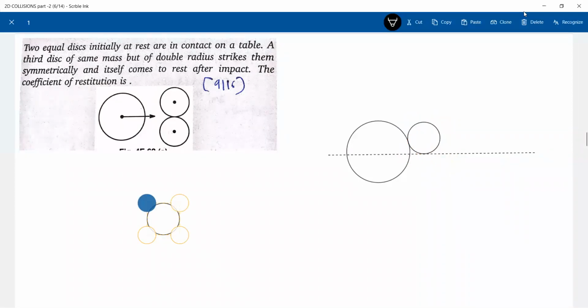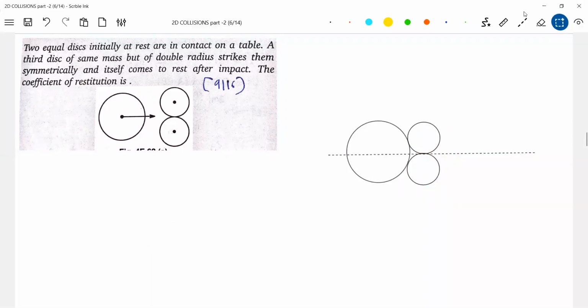Teaching it, I can't draw diagrams very fast. This is the maximum level of what I'm trying.